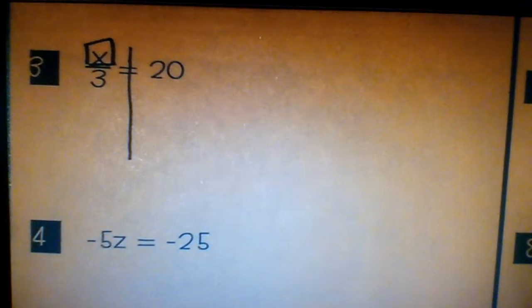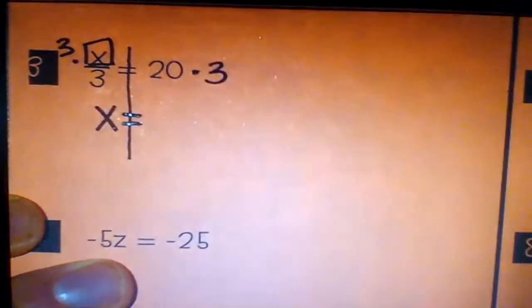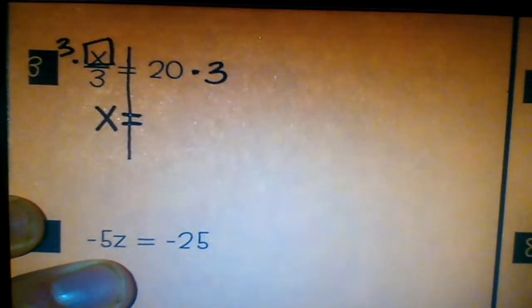So what's the inverse of divided by? Multiply. So I multiply both sides by 3. So I'm left with X equals, what's 20 times 3?